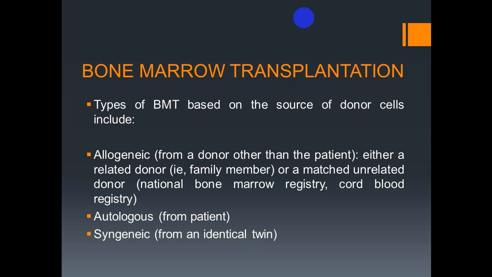Allogenic is from a donor other than the patient, while autologous is from the patient. We are taking bone marrow from the patient. And syngenic is from an identical twin.